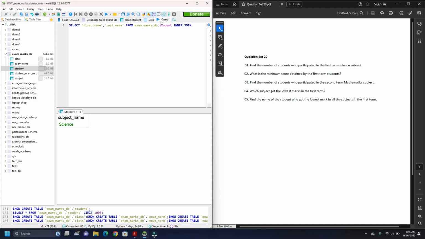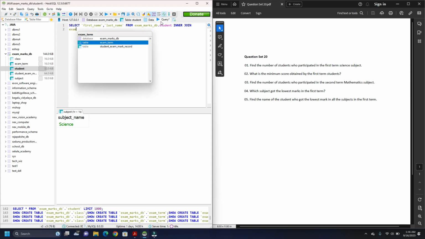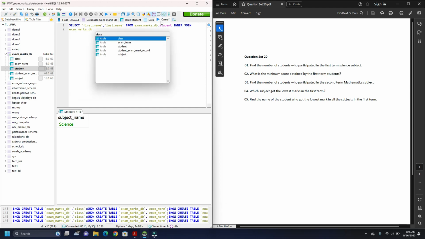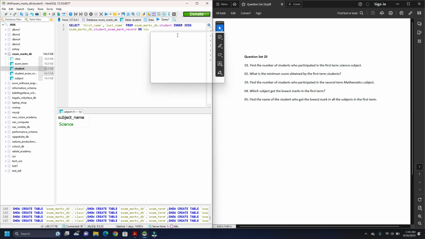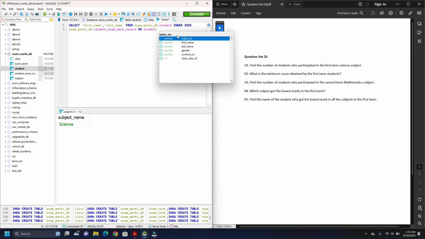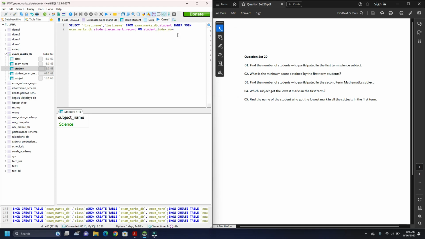Joining it with student exam mark record table on. So the student table uses the index number to join the student exam mark record table.